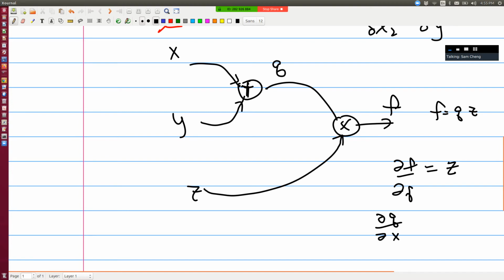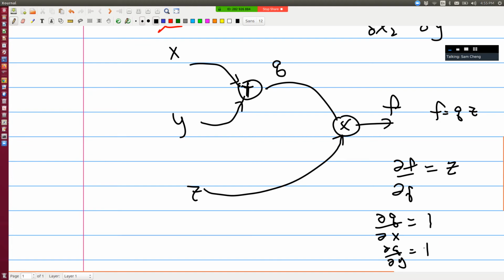Let's compute all the local gradients. Partial q, partial x is what? Q is just x plus y, so partial q, partial x is 1, and partial q, partial y is also equal to 1, right?